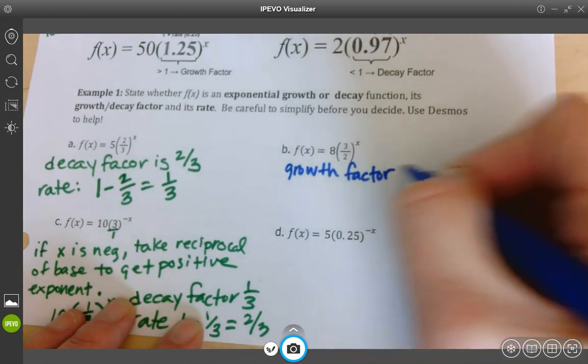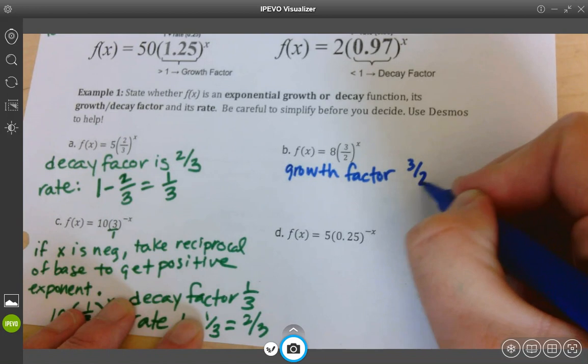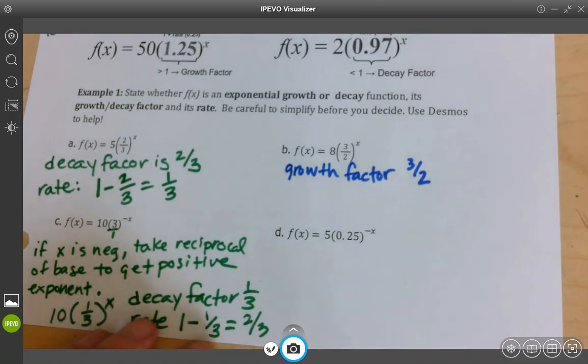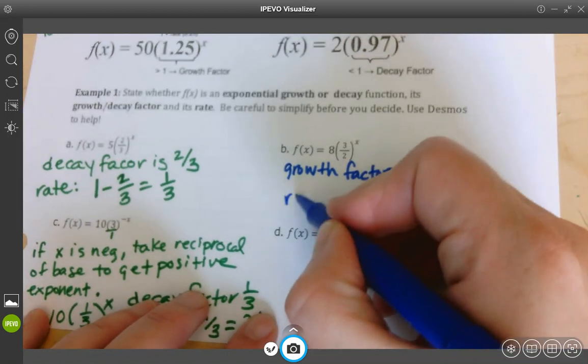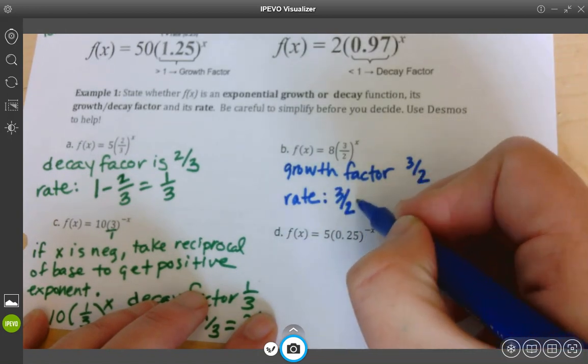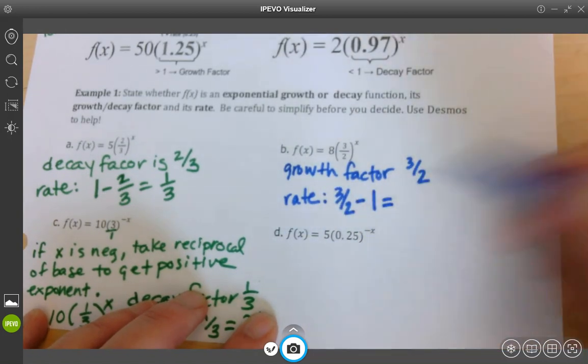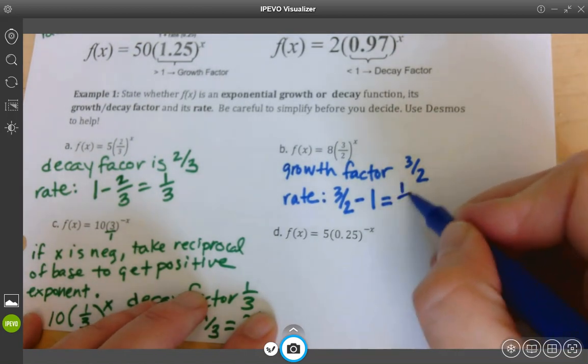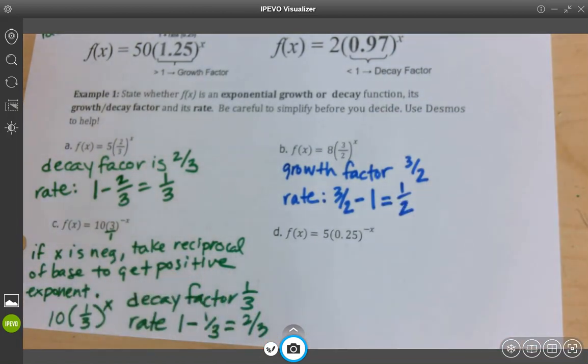All right, growth factor, did you put 3/2? Good. And then for the rate, we subtract 1, and Ahmed, what did we get? 1/2. Very good. If anybody preferred using decimals there, they did work fine. So you could say that your growth factor was 1.5 and your rate was 0.5. That works too.